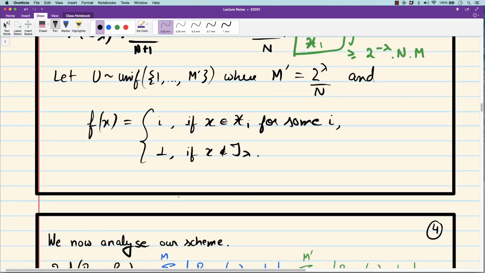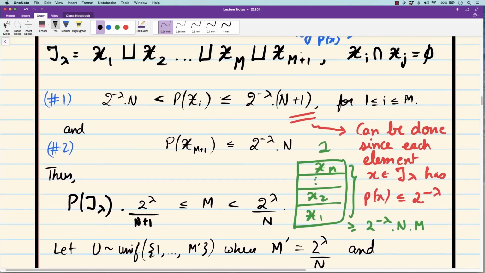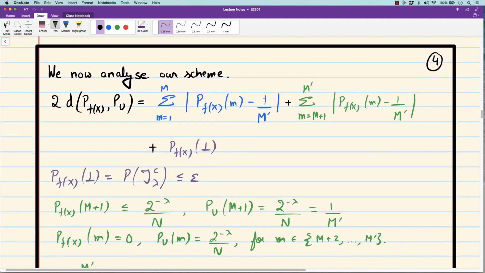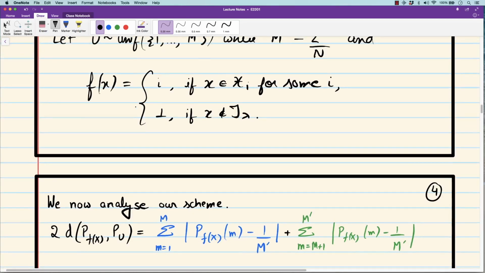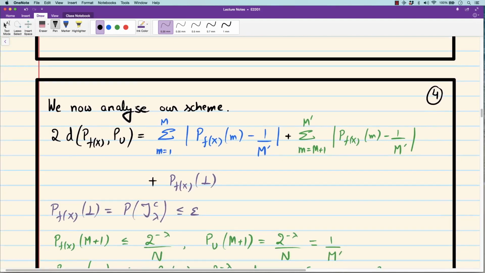That's my function f. Now the claim is the output distribution of this function f is very close to the uniform distribution. Indeed, all the parts had roughly the same probability. These two upper and lower bounds are roughly the same, so they're almost equal probability parts. So let's analyze the total variation distance between the distribution of f(X) and a uniform random variable on m prime. Here is that distribution. We divide that total variation distance formula into different parts.